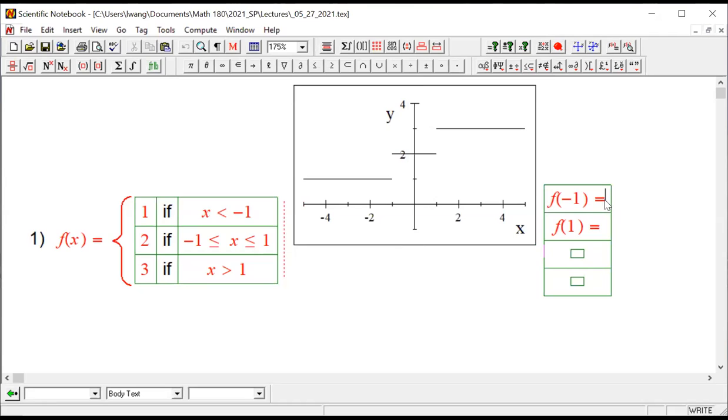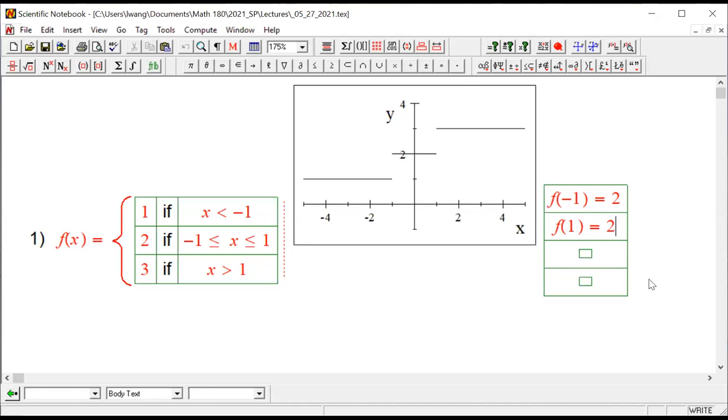Okay, so now f of -1. What is f of -1? When you evaluate f of -1, which of the 3 rules are you going to use? 2. That's right, because x equals -1, it's the second rule. How about +1?